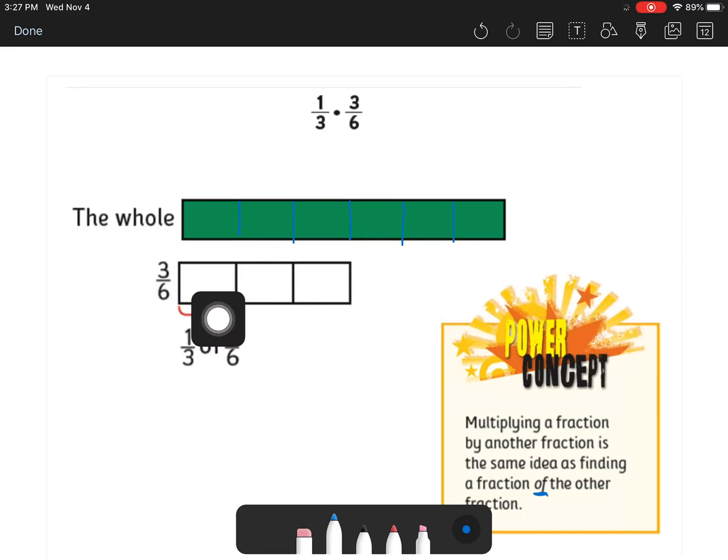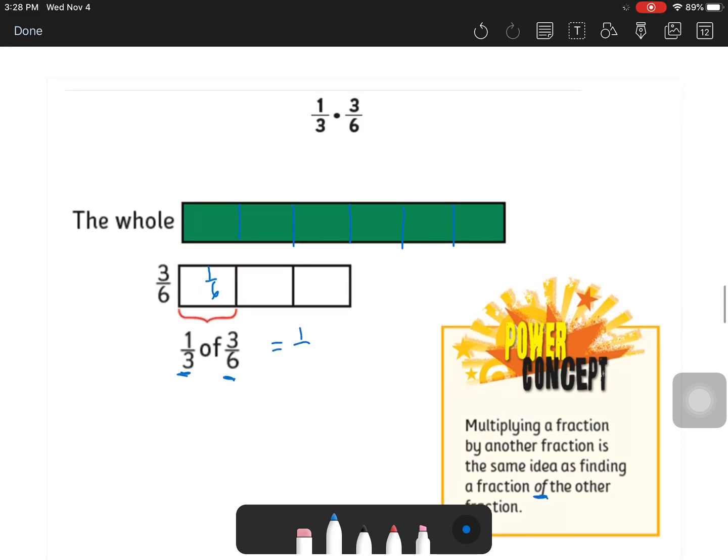And so if we have 3/6 right there, that's what we've got right here, 3/6. And we're going to do 1/3 of those 3/6. So a third of this would just be one of these 6, right? So each one of these is 1/6. Well, 1/3 of the 3/6 would be just the 1/6. The answer would be 1/6.